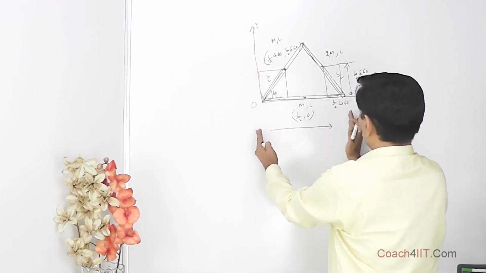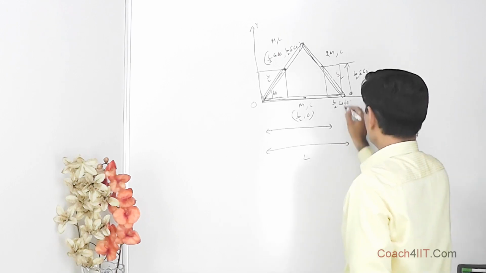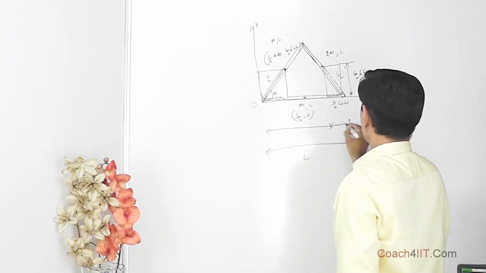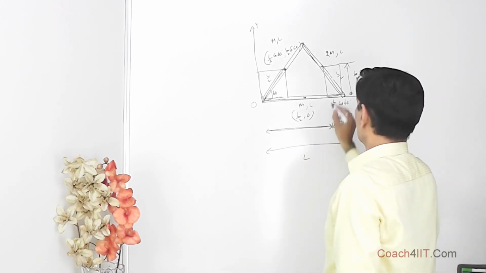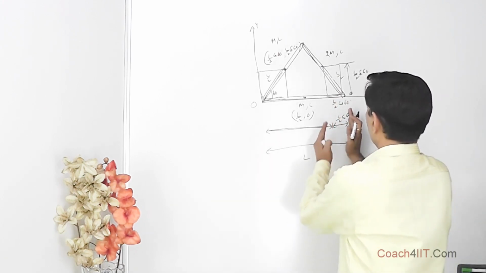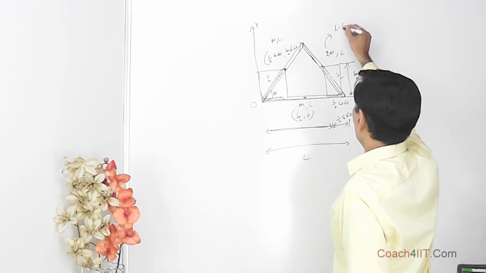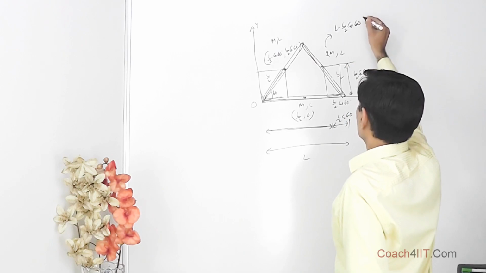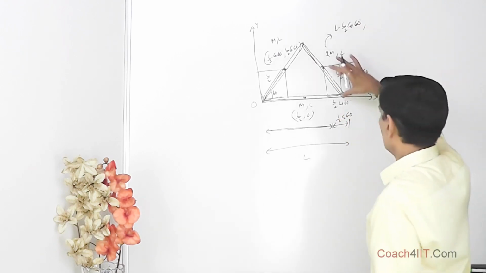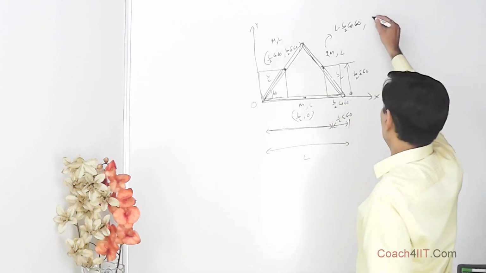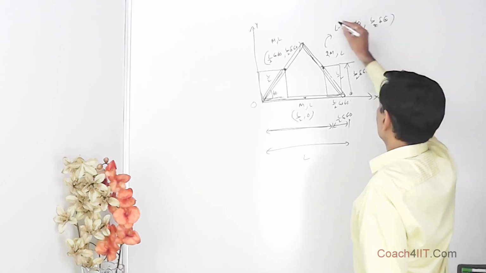The total length is L, and from here to here is L by 2 cos 60, and we are interested in this. So the x coordinate is L minus L by 2 cos 60 degrees, and the y coordinate remains the same, that is L by 2 sin 60 degrees.